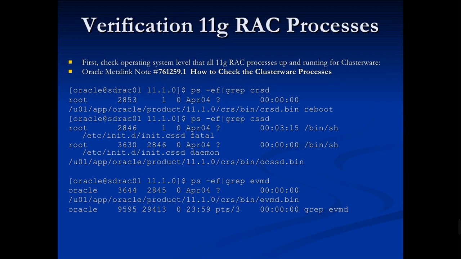So what all the clusterware daemons are running in the Oracle clusterware nodes. You can check this OS command to see whether the clusterware processes are running or not at the OS level.